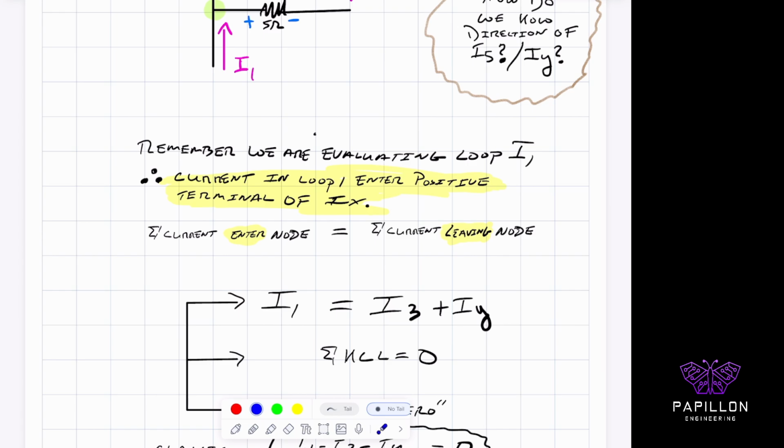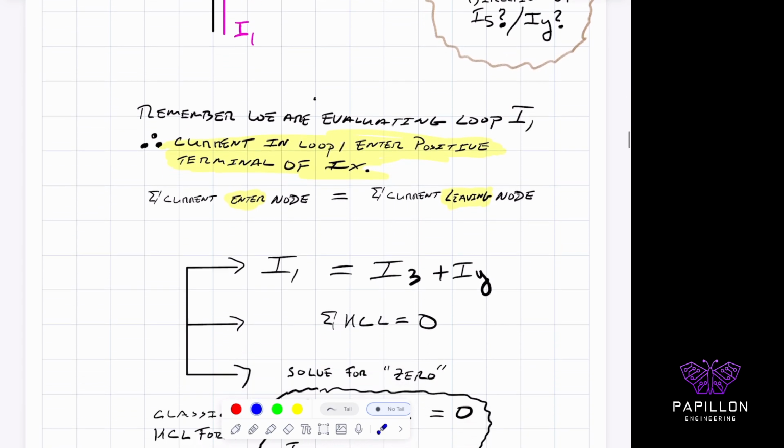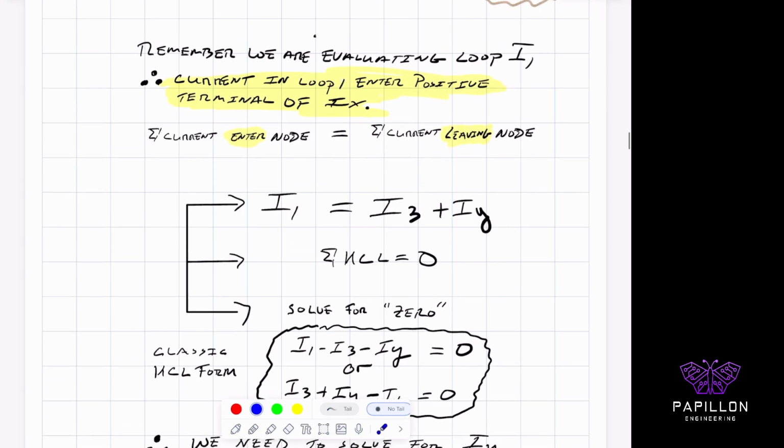Because we are in loop 1, and we identified that I1 is going clockwise in this loop, that means that in loop 1, as far as the 5 ohm is concerned, I have to enter into the positive terminal. So this arrow is going to be going to the right. I'll express that 2 more times a little bit later so you get a feel for it.